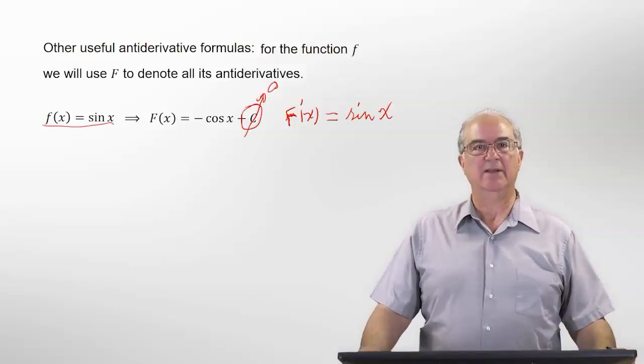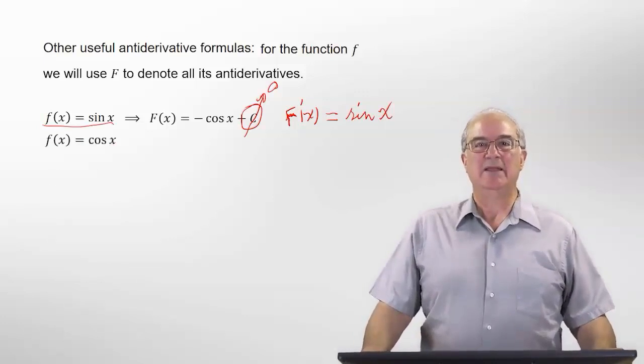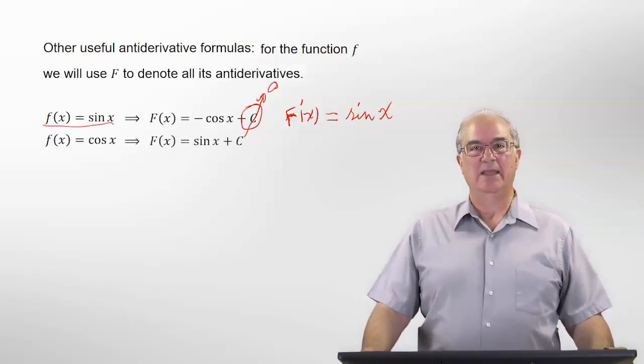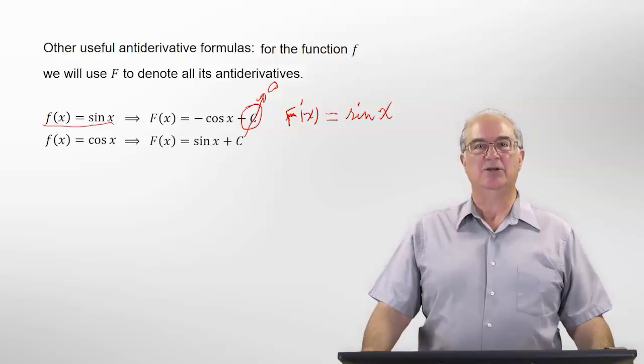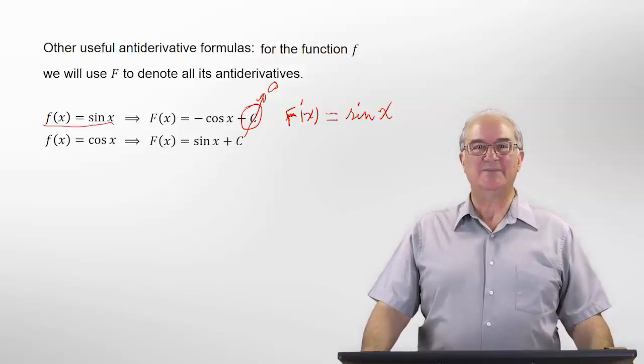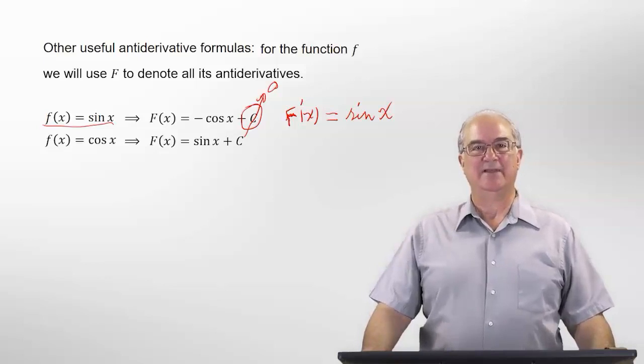So it's very clear, and every one of these that we are going to summarize now goes the same way. If we want now a function whose derivative is little f of x equal cosine of x, sine of x works really well, and then we add to it a generic constant c, so that capital F of x equals sine of x plus c makes up the family of all antiderivatives of little f of x equal cosine x.